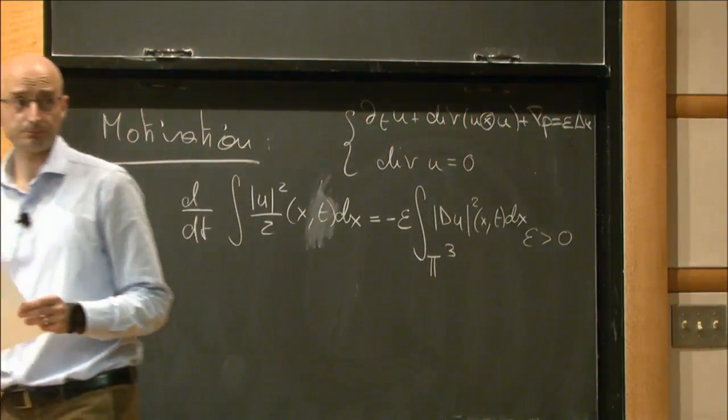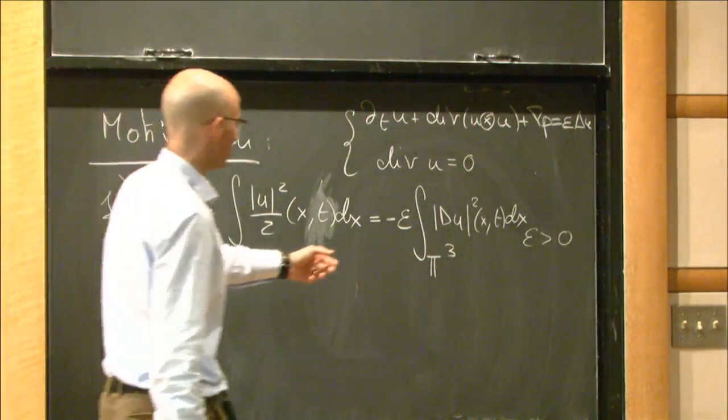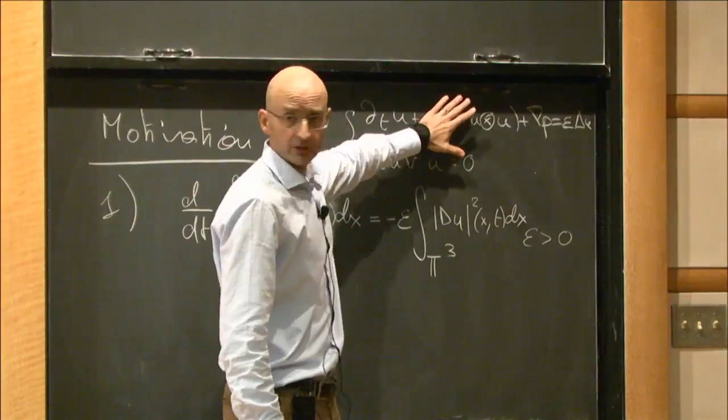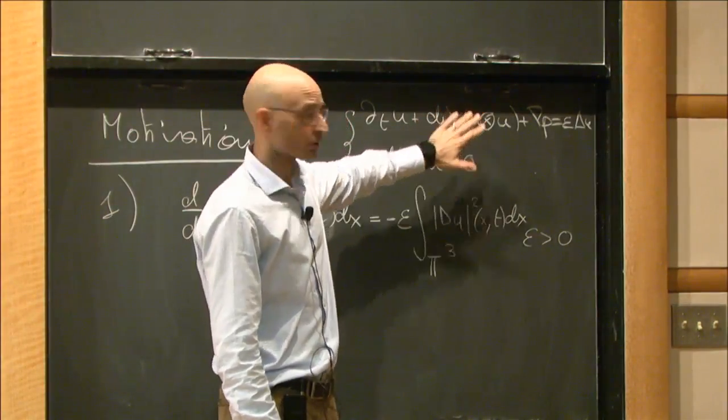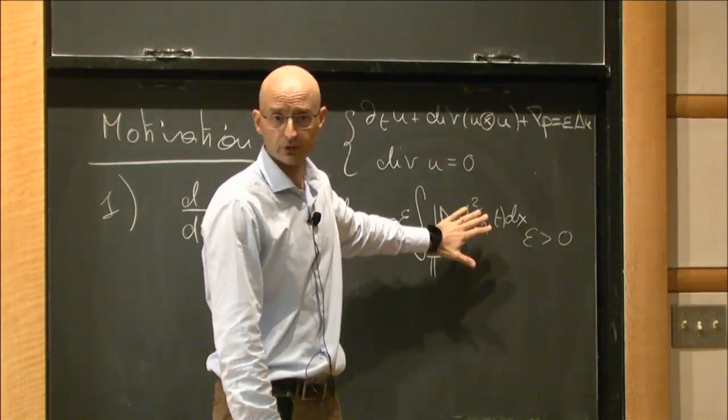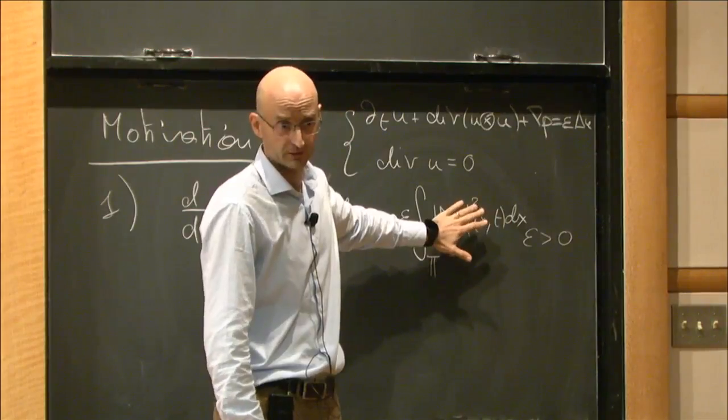Okay, so if you let epsilon go to 0, and this thing is converging to a smooth solution of the Euler equation, of course, this right-hand side would actually converge to 0. That's what you would expect.